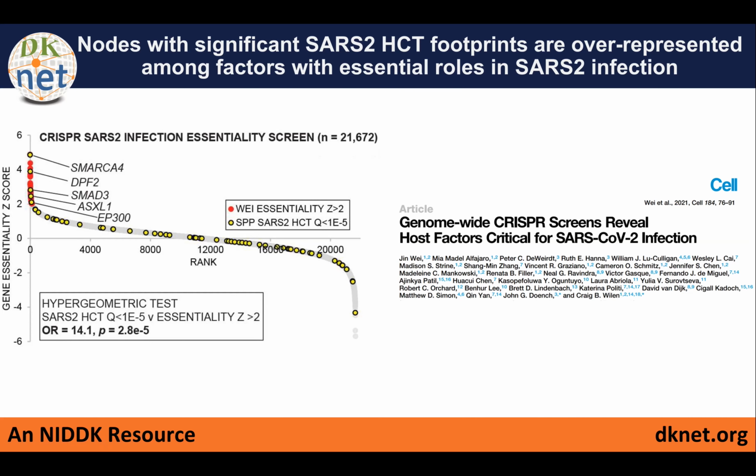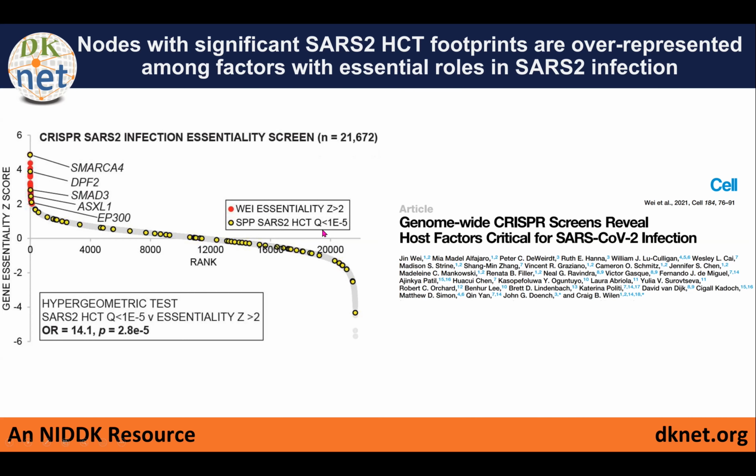SARS-CoV-2 infection. And again, reflecting the accuracy or the reliability of our analysis, nodes that have significant intersections with the SARS-2 HCTs were enriched among the highest ranking hits in this CRISPR screen.